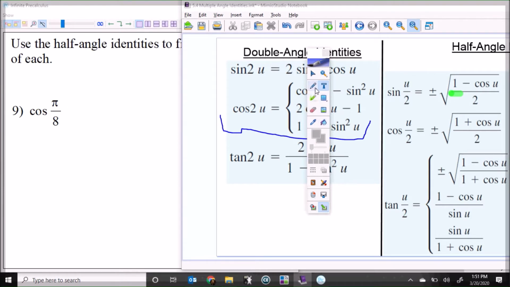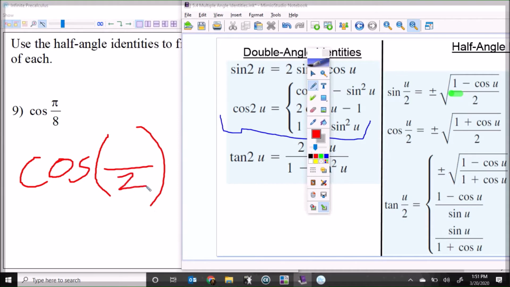And I'll try to make this make a little more sense by hopefully writing on this. So what we're going to do is say cosine of something divided by 2. Well, something divided by 2 ultimately gives me pi over 8. Well, if I multiply by 2, I get pi over 4.